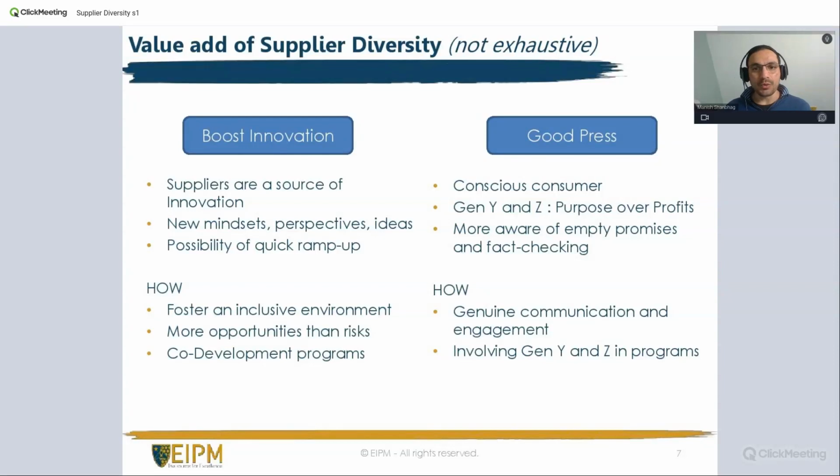So you identify the opportunities, identify the risks. You could develop co-development programs. So you work together with this supplier in order to boost your innovative capabilities. To give you an analogy, it's a little bit like if you're working with a startup. While the idea that you might get from the startup might be very innovative and so on and so forth, the startup is also looking to sell their ideas to buyers, potential buyers, right?